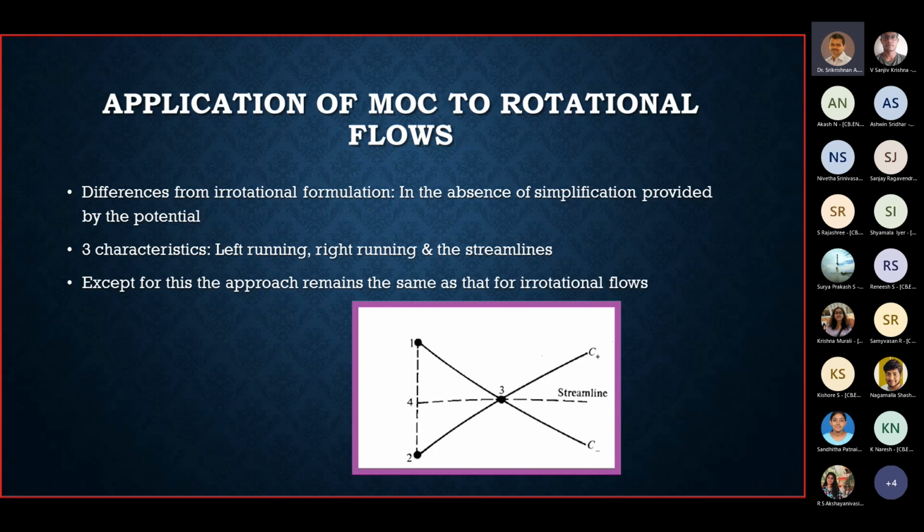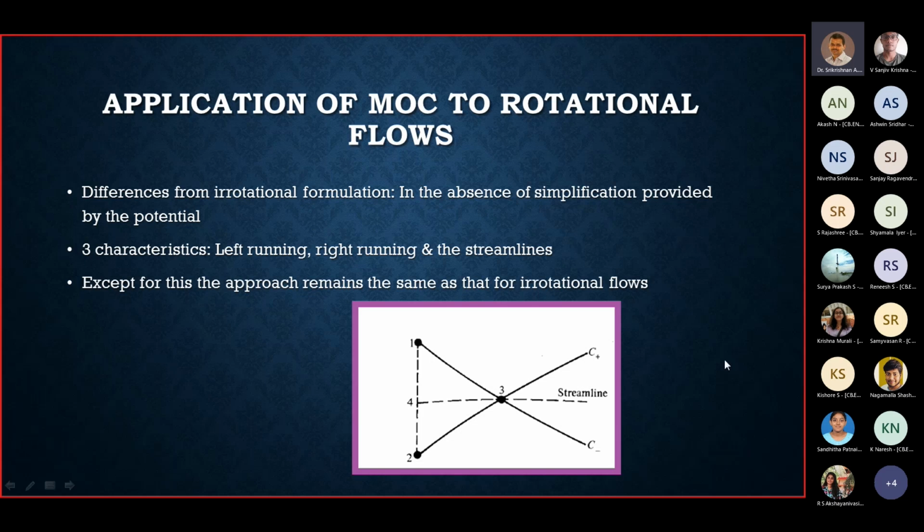Now, the formulation that we have discussed so far is only for irrotational flows. This is also applicable in a similar way to rotational flows, only the number of equations will be higher, because when you are solving for rotational flows, in addition to the two characteristics, the streamline also has to be solved for.